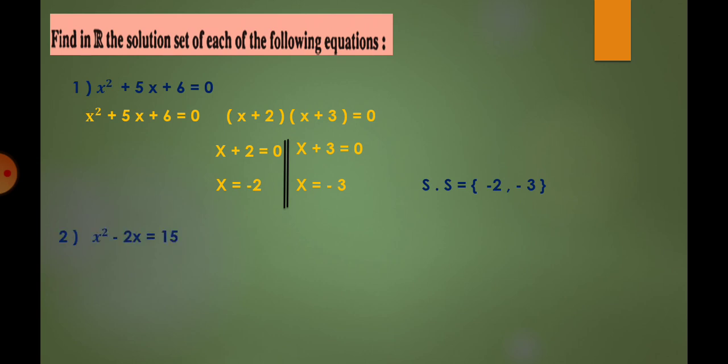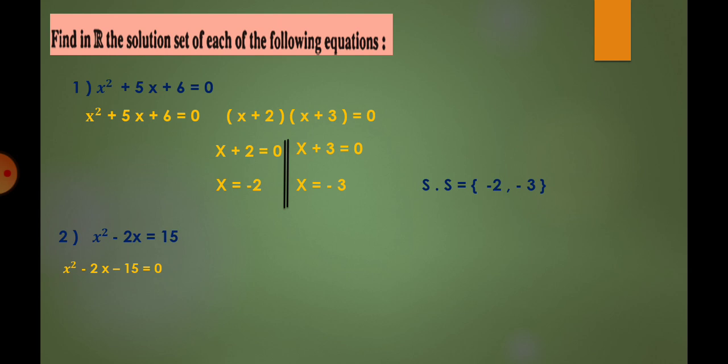Number 2, x power 2 minus 5x equal 15. This is not in standard form. So we put the equation in the form ax power 2 plus bx plus c equals 0. So we move 15 to the left hand side with a negative sign: x power 2 minus 5x minus 15.